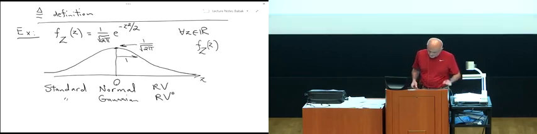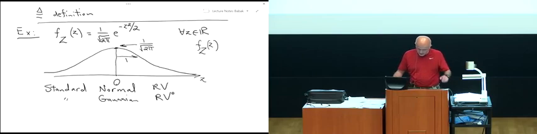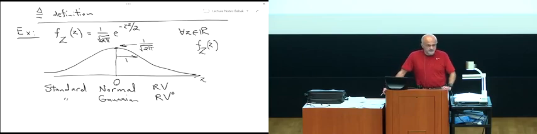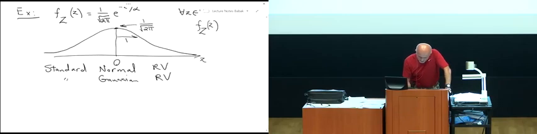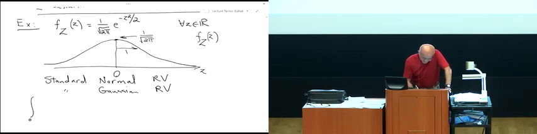Okay. What can we say about this random variable? You told me already that the mean is 0. It turns out the area of this function is 1.